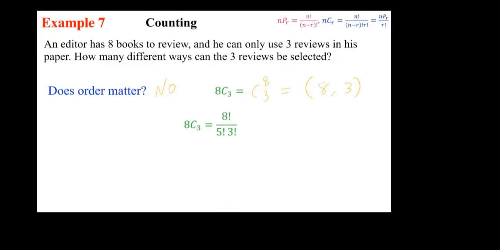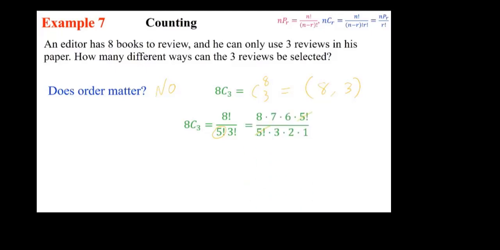Now, again, I want to show you how you can simplify it by hand if need be. The largest number is 8, and the next largest number is 5. So in the denominator, you keep the 5 factorial. In the numerator, you can write 8 factorial as 8 times 7 times 6 times 5 factorial. And the 3 factorial in the denominator must be written as 3 times 2 times 1.